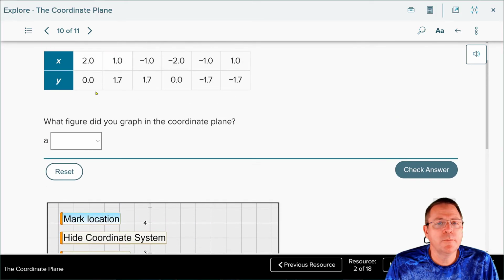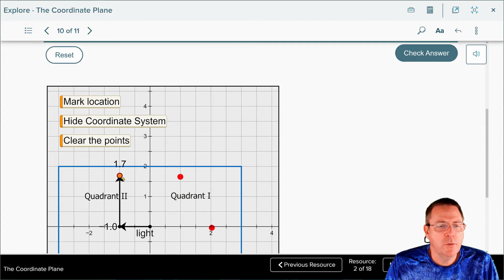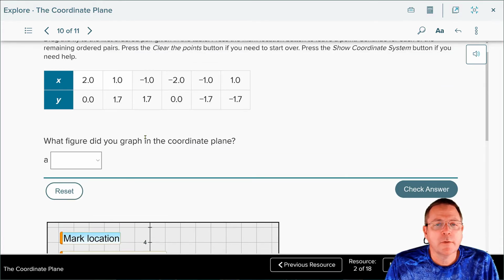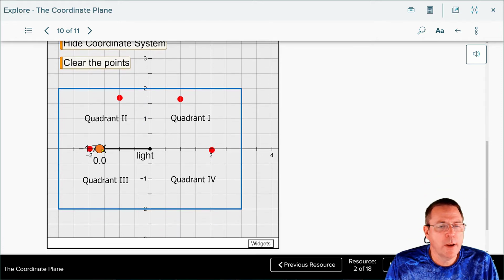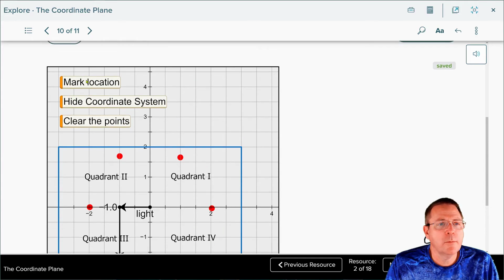Mark our location. X is negative 2, and y is 0, so that's going to put him right here. X is negative 1, y is negative 1.7, so the fly wandered back to negative 1 and down to negative 1.7, which is right here.